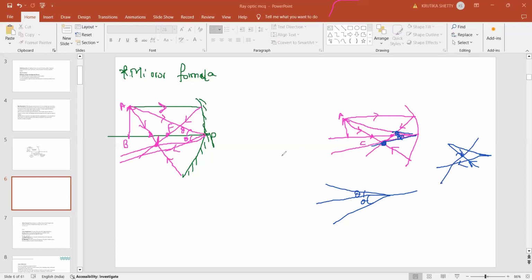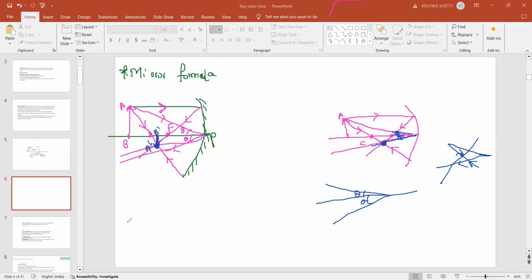All the three rays are meeting at this point where we can see the image. Here this is A dash and here it is B dash, and the image is formed in inverted form. So this is the figure you need to understand.